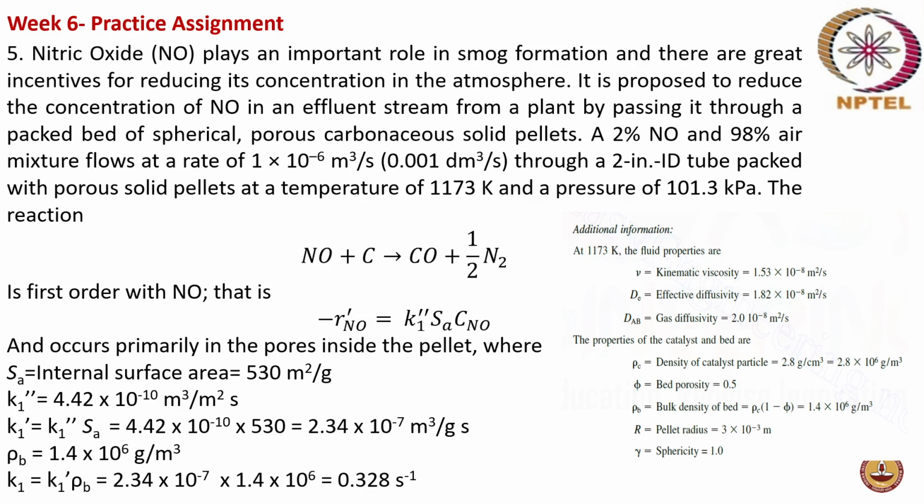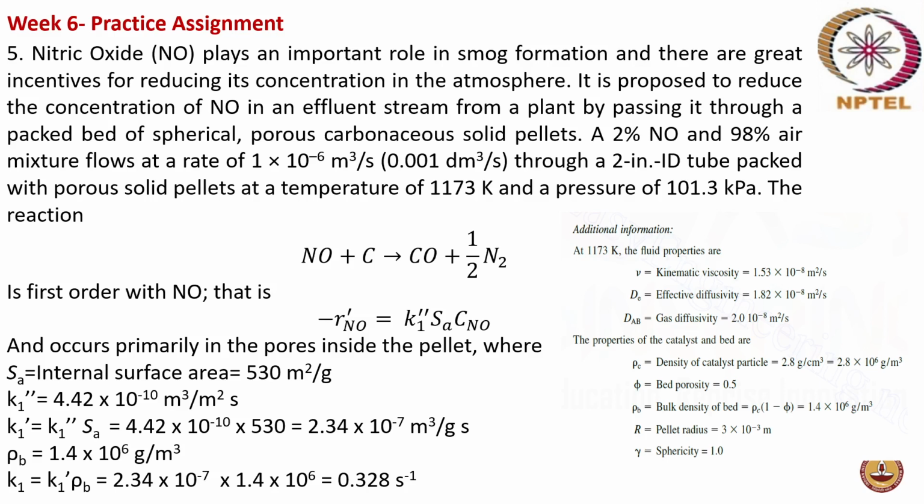So, K1 double prime is 4.42 into 10 power minus 10 meter cube per meter square second into internal surface area, 530 meter square per gram. Multiplying these two, you will end up with K1 prime equal to 2.34 into 10 power minus 7 meter cube per gram second.